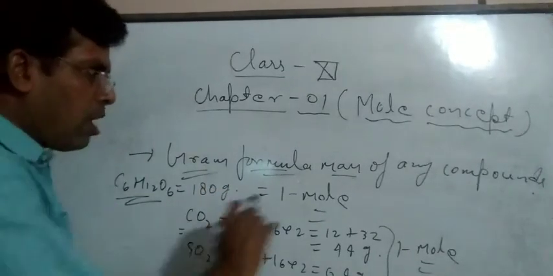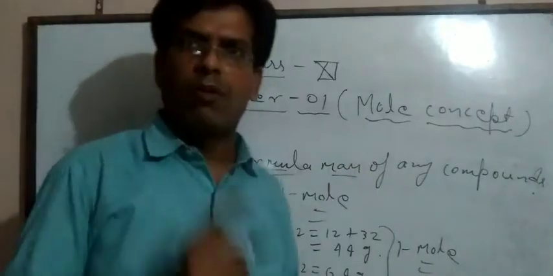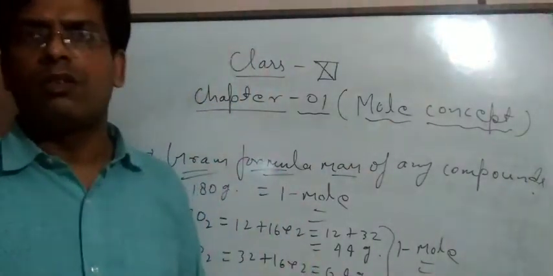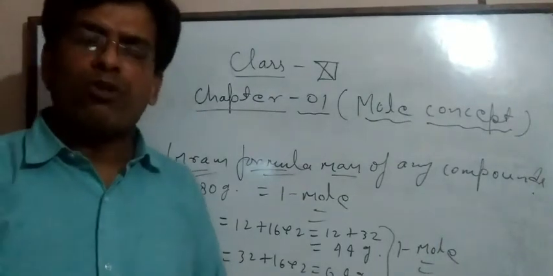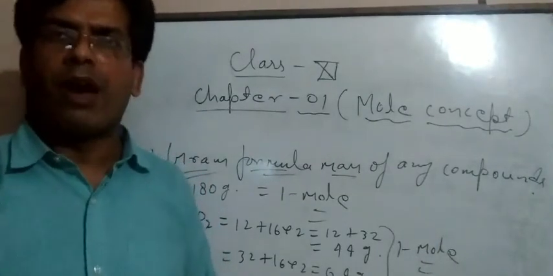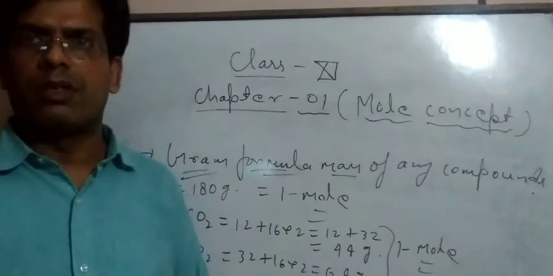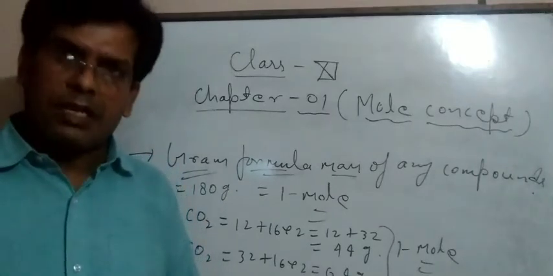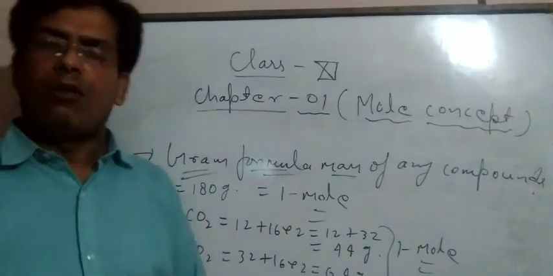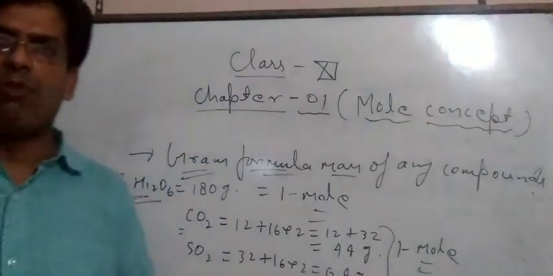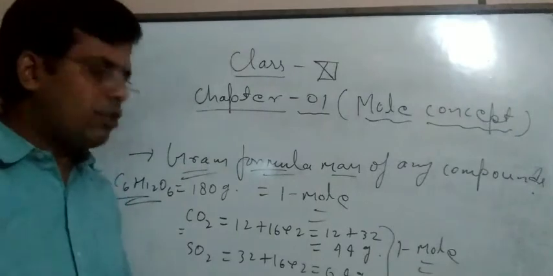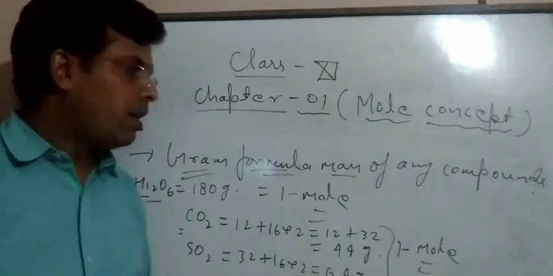So gram formula mass of any compound will be equal to 1 mole. Dear students, you should keep it in mind. Means molecular mass of any compound with help of formula is a formula mass. That's why molecular mass with help of formula of any compound will be equal to 1 mole.